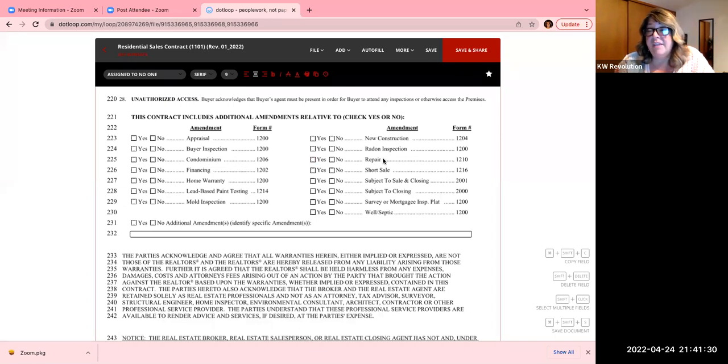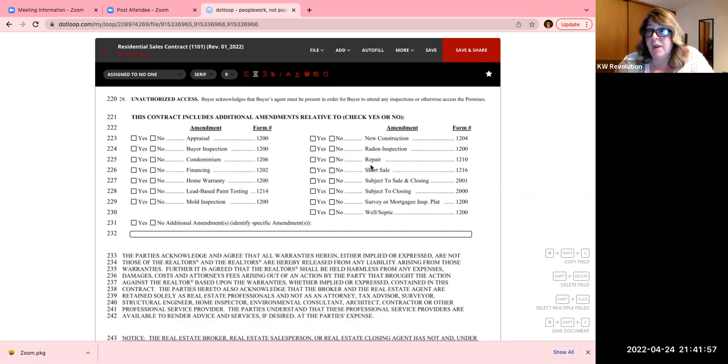Repair amendment. Now, this repair amendment on this page is not the same as the 14-day repair amendment. This is called an initial repair amendment. It's a good idea to do it if you see something right away that you know the buyer is going to ask to be fixed. Especially like maybe there's some doors that don't shut correctly, or you see a broken glass window and the buyer says, well, gosh, they have to fix that.